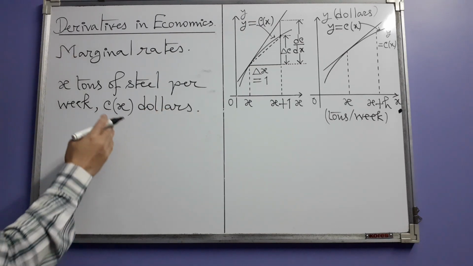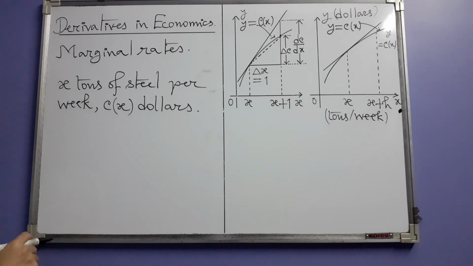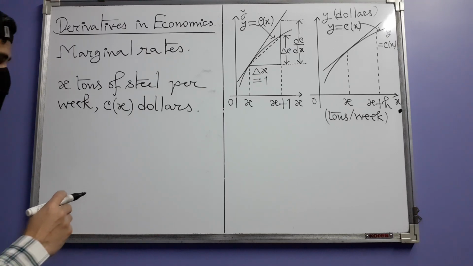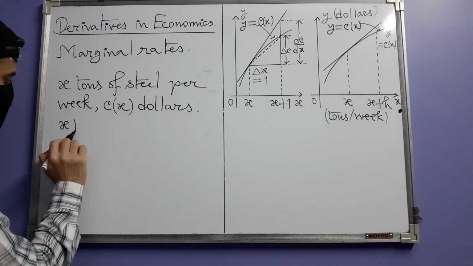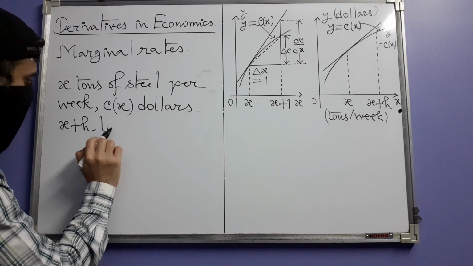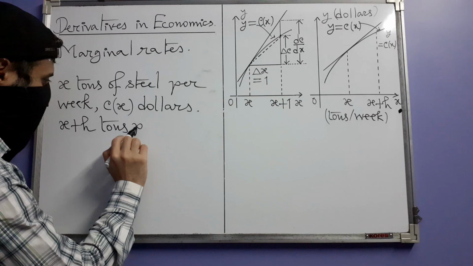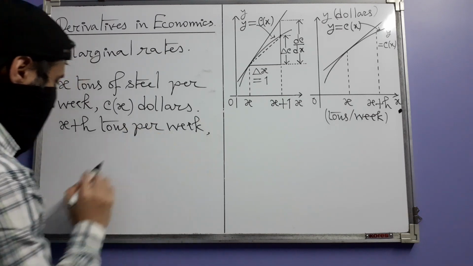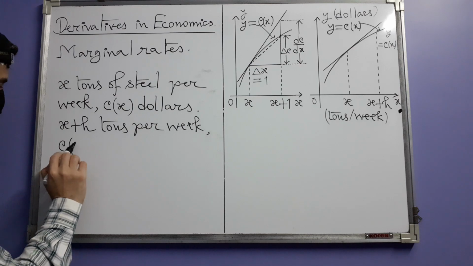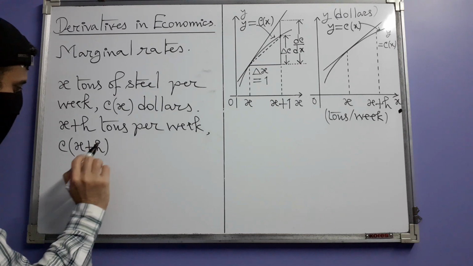It depends on X. If X changes, the cost also changes. Now, if you want to produce more, say you produce X plus H tons per week, then the cost will also be more. The cost will be C of X plus H dollars.